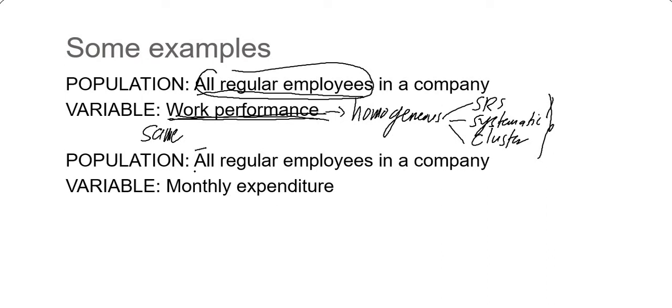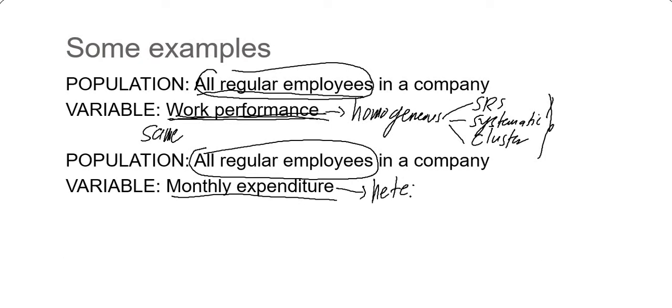Here, we have all regular employees in our company, but this time it's monthly expenditure. And this time, some might say that this is now heterogeneous. Why is that? Because more or less monthly expenditure would vary if you are the owner or the CEO or a high executive compared to our average regular employee.